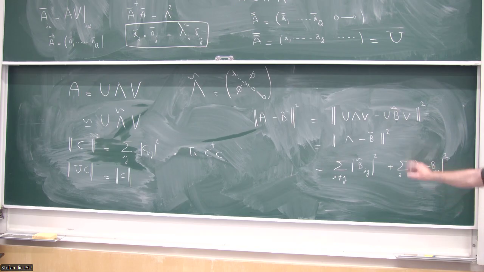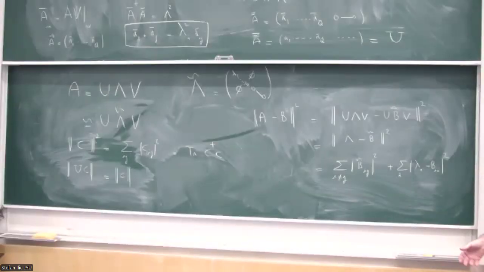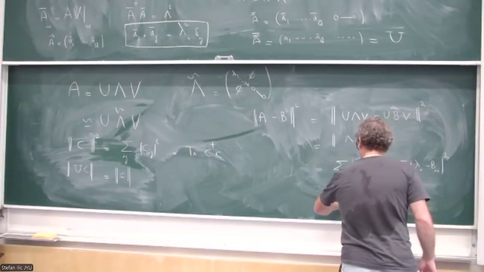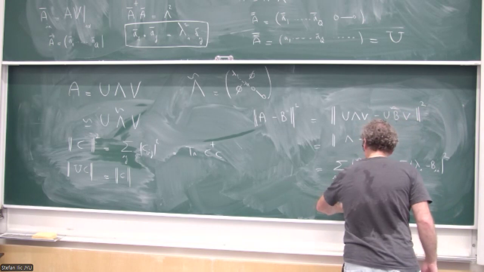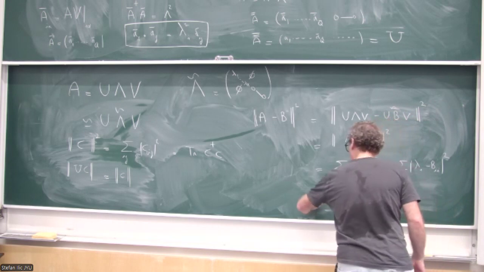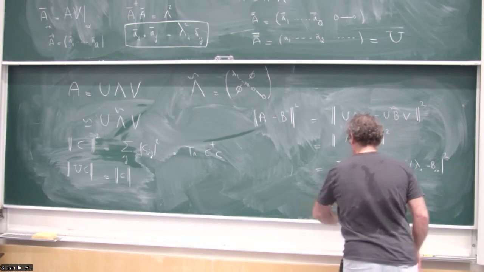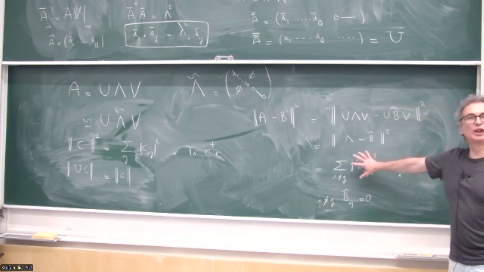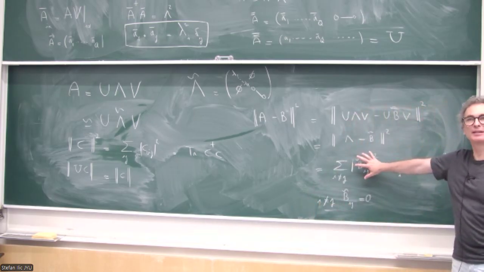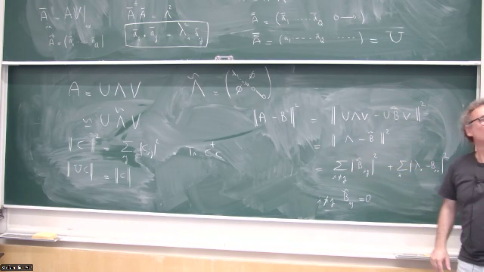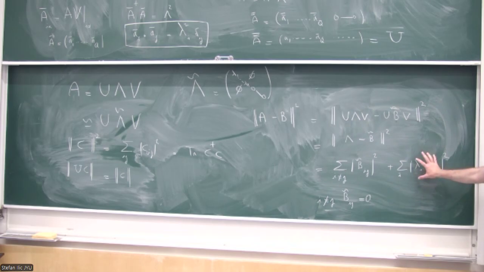So that's the error. If I take B tilde ij equal to 0 for i different from j, then I'm doing a good job at minimizing this term, because it's 0. It's the best I can do, a sum of squares. And for the diagonal term, I need to minimize the biggest ones, so I just take B tilde ii equal to the largest singular values.